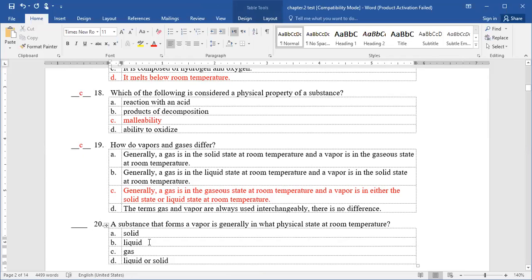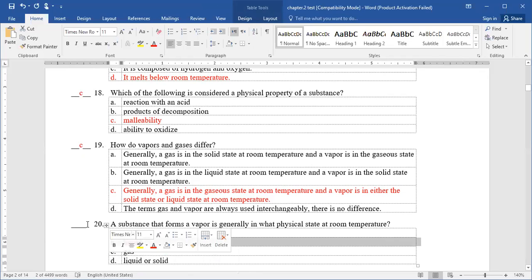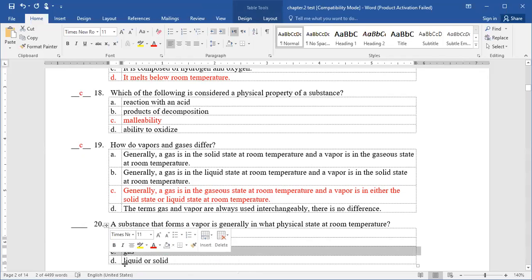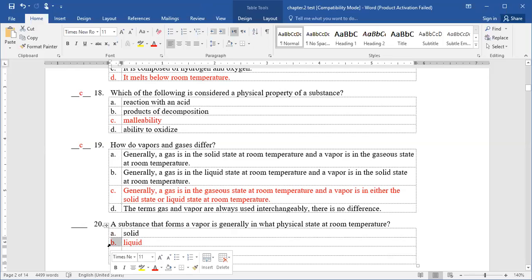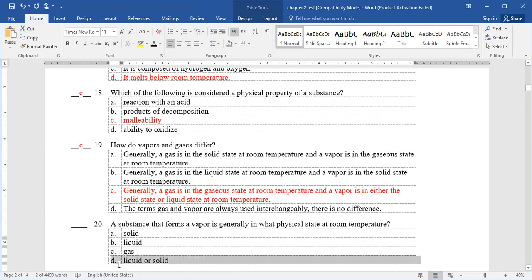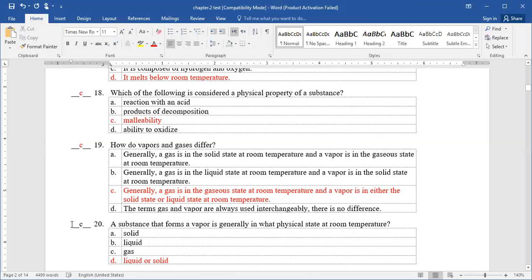So the substance that is going to change into vapor will be originally a liquid at room temperature, and sometimes a solid, so we can say it can be originally liquid or solid, guys.